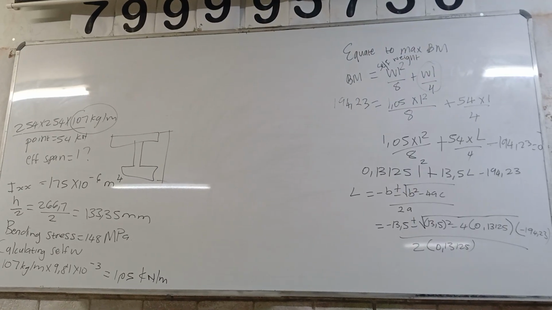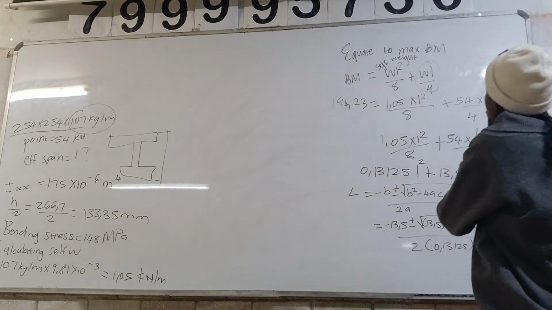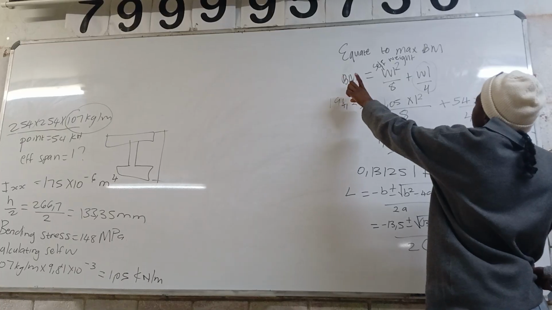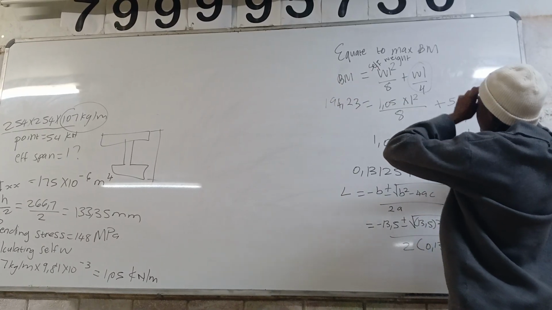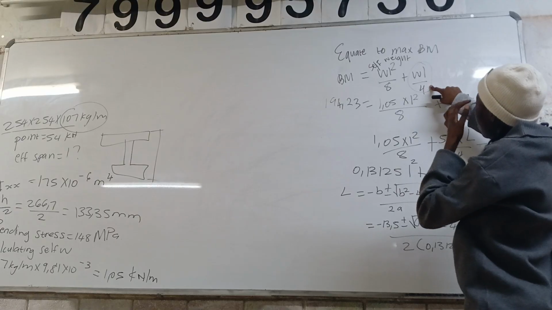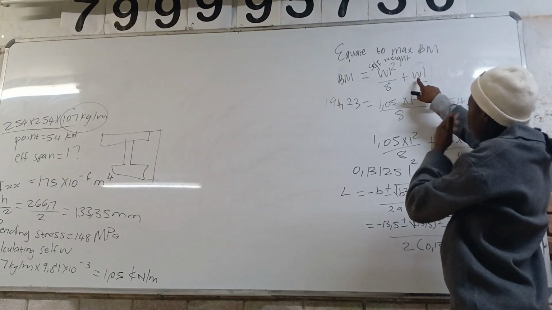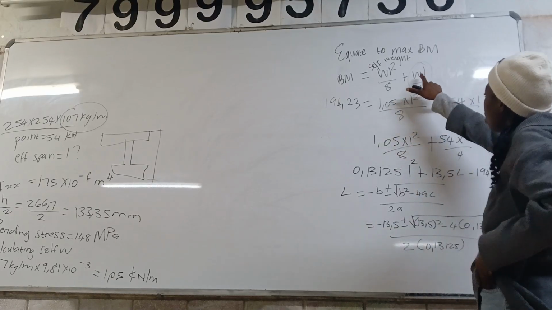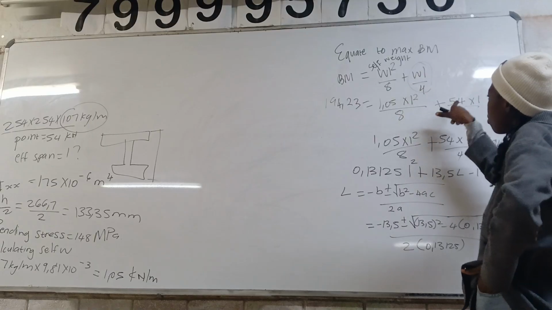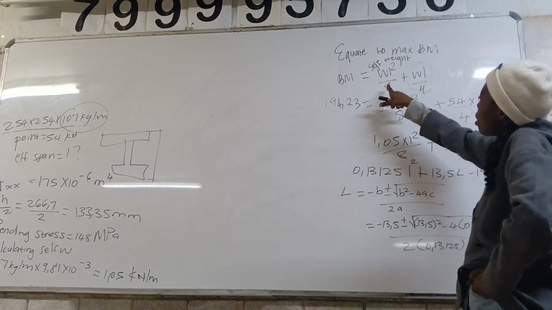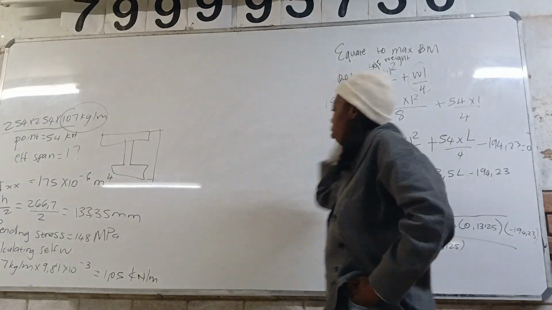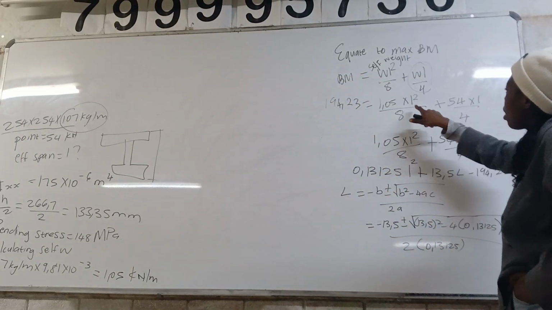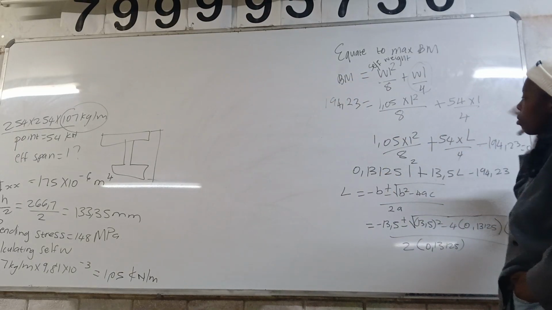The formula is bending moment equals WL squared over 8 plus WL over 4. W for the self weight of the beam is 1,05, and L is unknown.